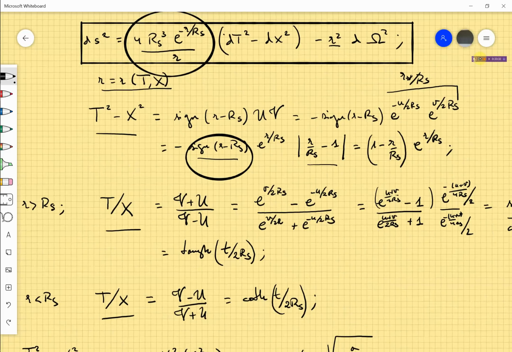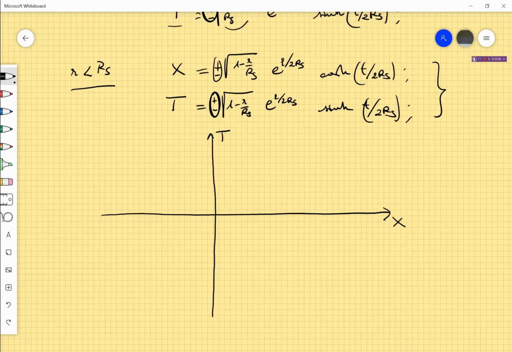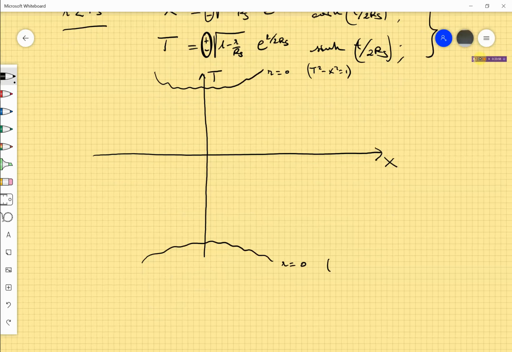The exponential is 0, so it's this, and this is a hyperbola, but the hyperbola has 2 branches. So this corresponds to r equals 0, and this also corresponds to r equals 0. So this is t squared minus x squared equal to 1.